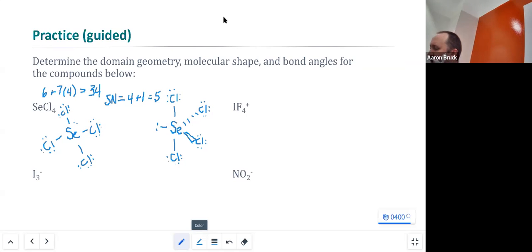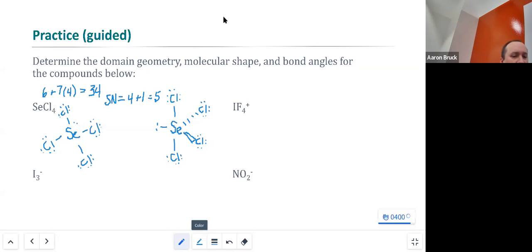And if I'm going to draw it out properly, I'm going to put the chlorines in position here, where they would go according to this structure. And then I'm going to pop off that extra bonding position in the equatorial plane, because that doesn't actually exist there. I'm going to use this ball here to represent that lone pair. And so what do I have left over here?